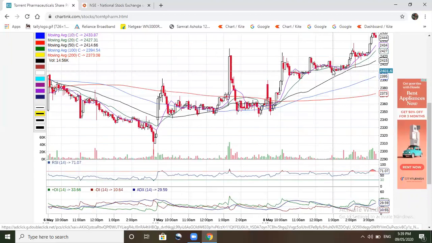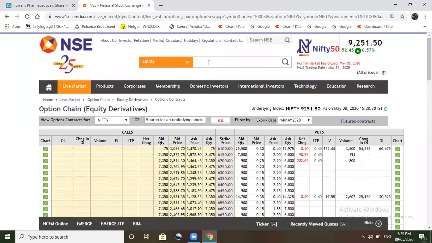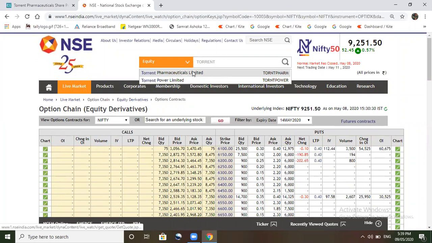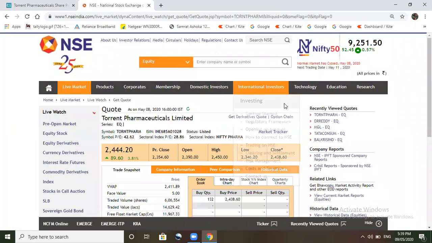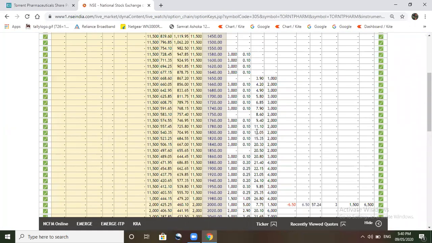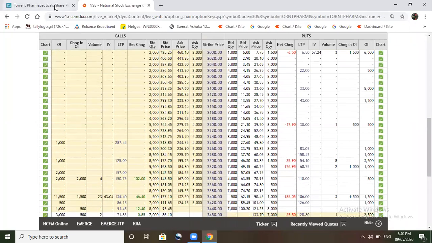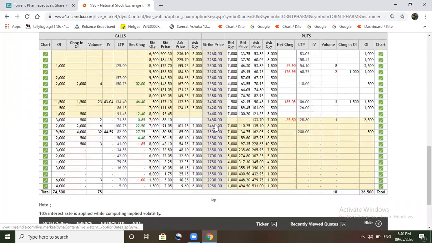So what I did was I observed the option chain, and let's see Torrent Pharma. So the price is moving around 2400 for much of the time. So you have to look for the 2400 strike price.